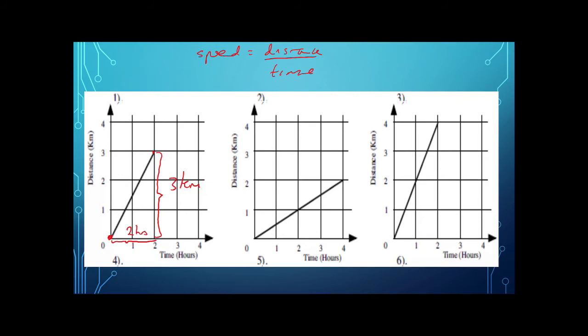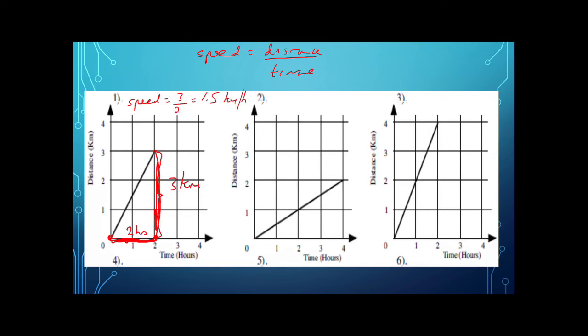So our speed is going to be 3 kilometers divided by 2 hours, which is 1.5, and the units of that will be kilometers per hour. So we're traveling at 1.5 kilometers per hour, which is why in the 2 hours we have traveled 3 kilometers.